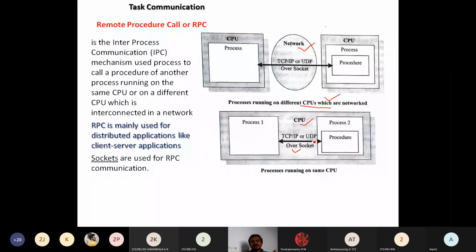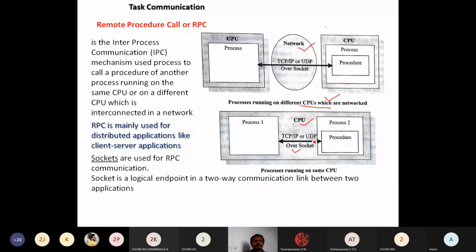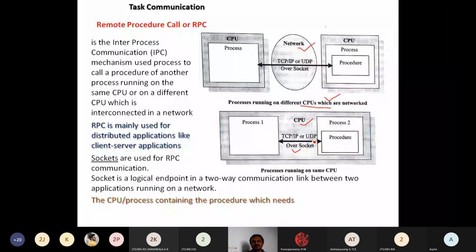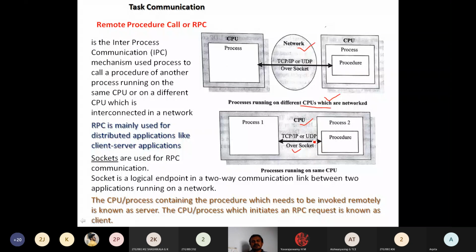A socket is a logical endpoint in a two-way communication link between two applications running on a network. Through these sockets, communication happens between the processors kept in remote areas. The CPU or process containing the procedure which needs to be invoked remotely is known as a server, and the CPU or process which initiates a remote procedure call is known as a client.